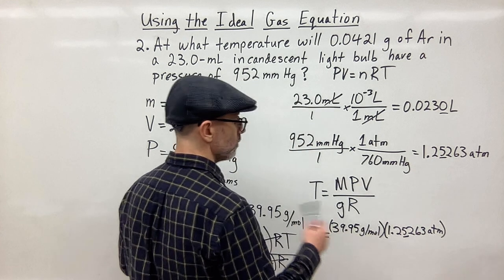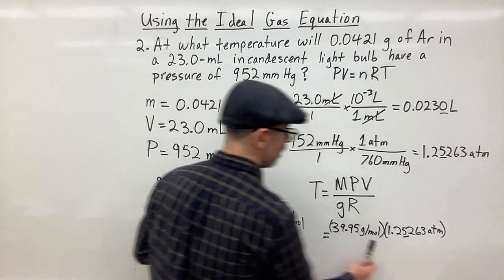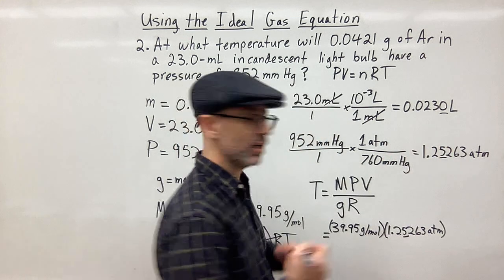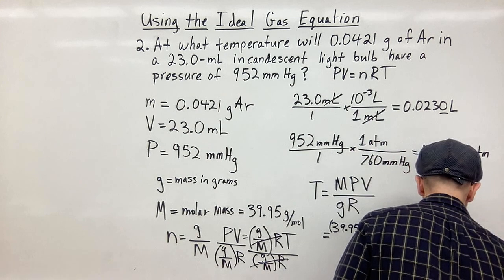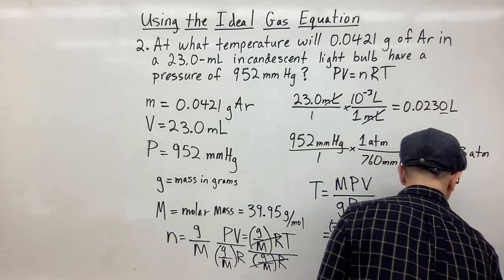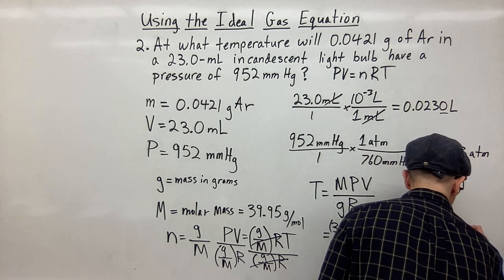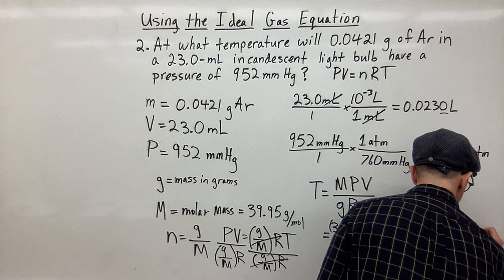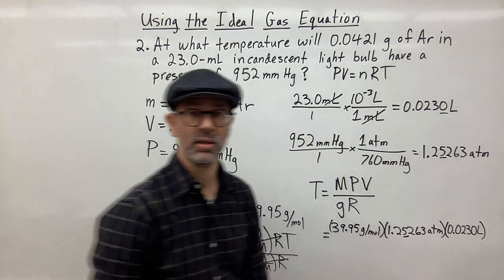So that's the pressure, and then the volume is this here. So I'm going to add the volume. So I'm going to multiply 0.0230 liters.